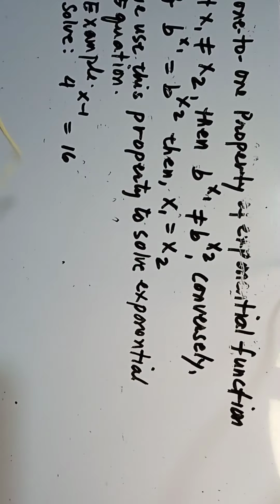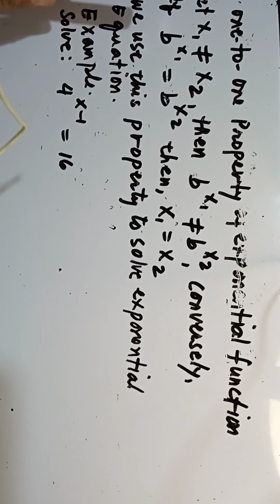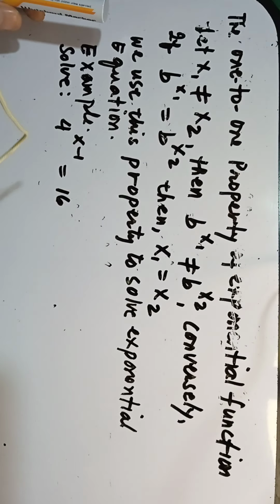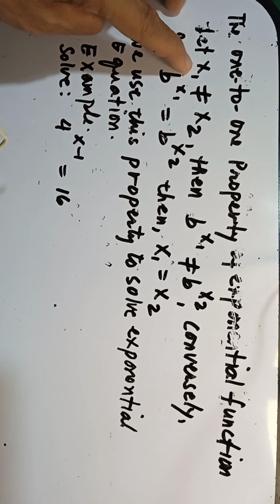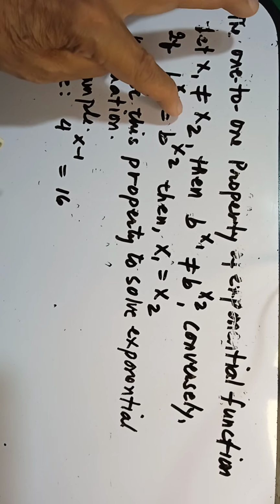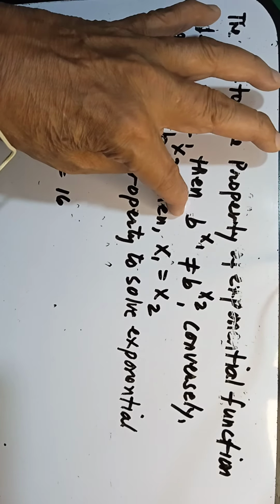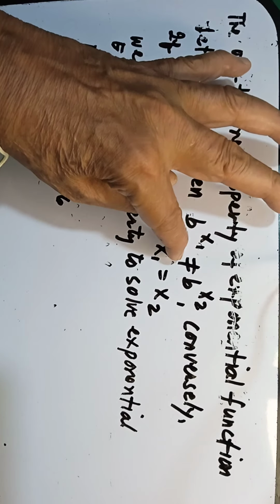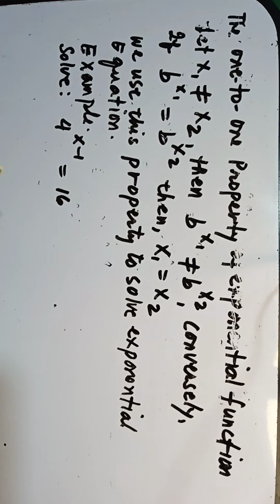We also have the one-to-one property of exponential function. The one-to-one property says that if x sub 1 is not equal to x sub 2, then b raised to x sub 1 is not equal to b raised to x sub 2.